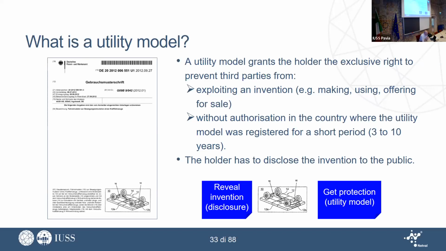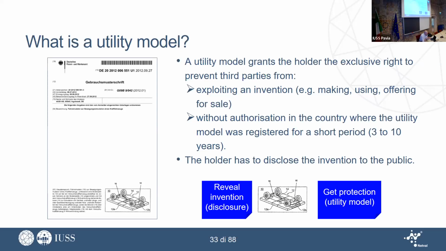For example, Canada, UK, and United States don't recognize the utility model. The application for a utility model must be filed in the country where the applicant is looking for the protection of his invention.